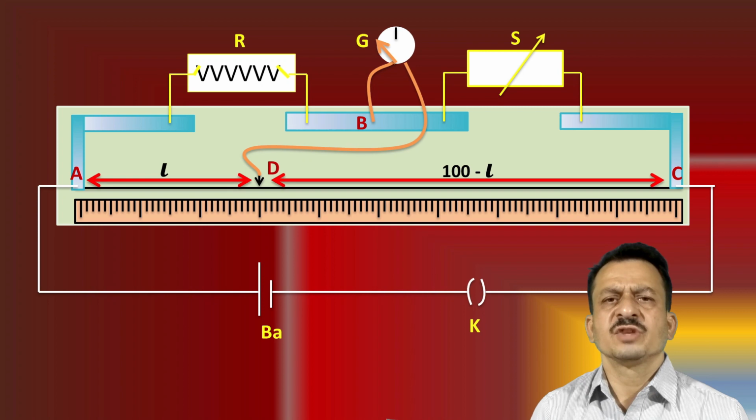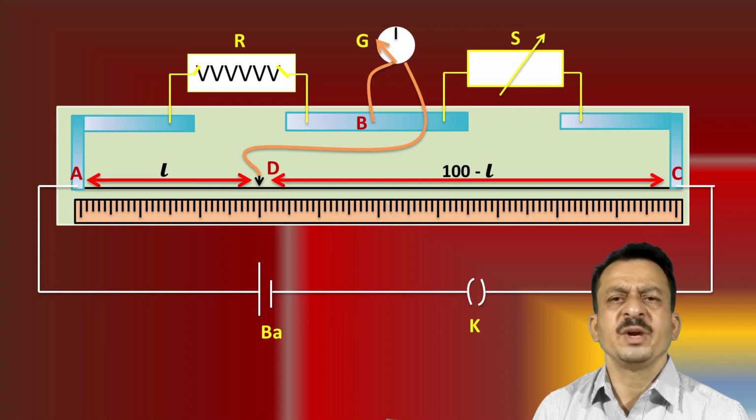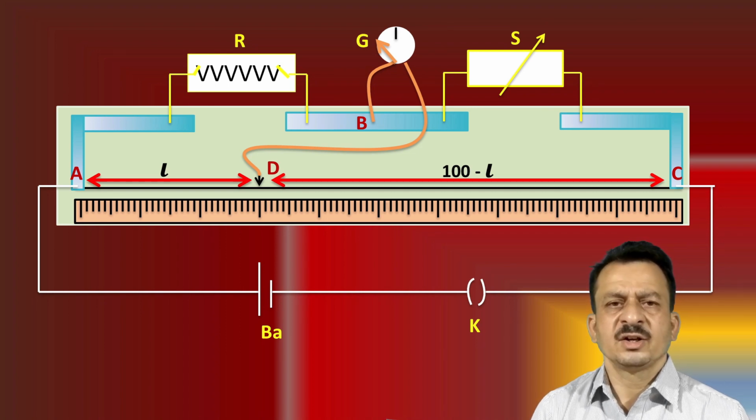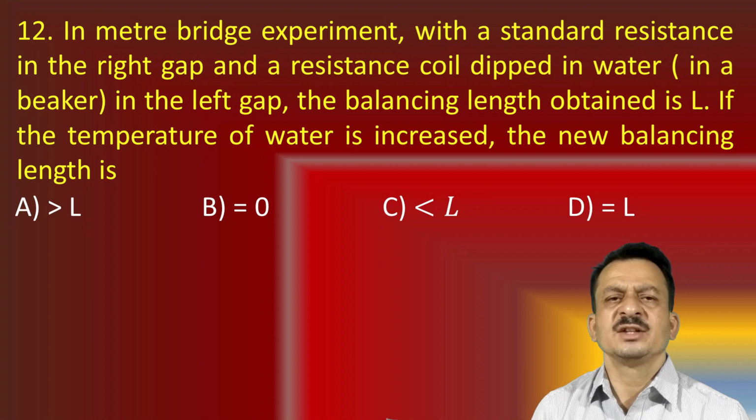By the balancing condition of the Wheatstone network, as R increases, the AD part should increase in order to get the null deflection in the galvanometer. So obviously the balancing length for the hot water should increase. That means it should be greater than the initial length L. Hence A is the right answer.